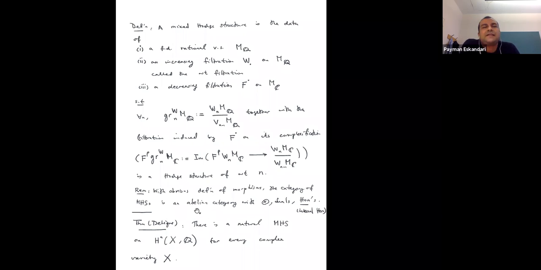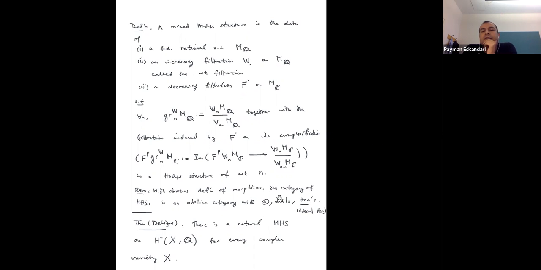Now this way we get a category of mixed Hodge structures, and this category is an abelian category, which is interesting. If you look at the category of filtered vector spaces, that's not an abelian category. But the category of mixed Hodge structures, somehow because of having these two filtrations that are sort of working against each other, is actually an abelian category. And then it has a tensor structure, where you take the tensor product of the vector spaces and of the two filtrations.